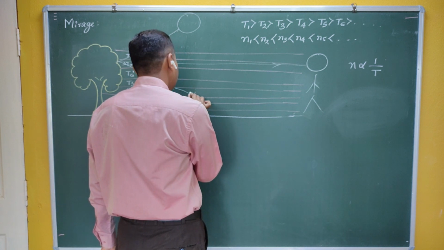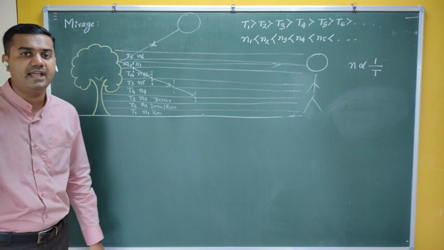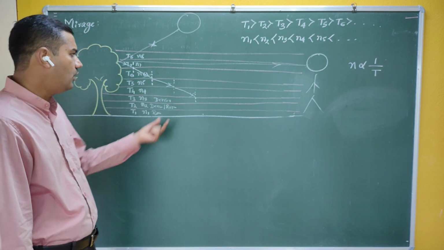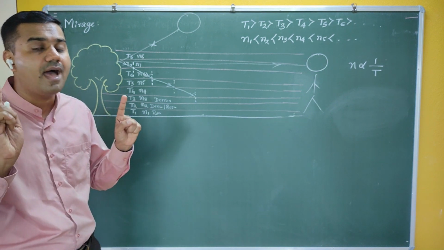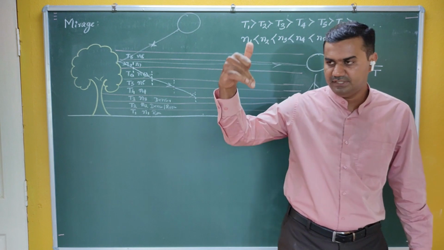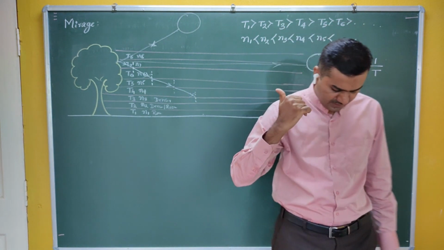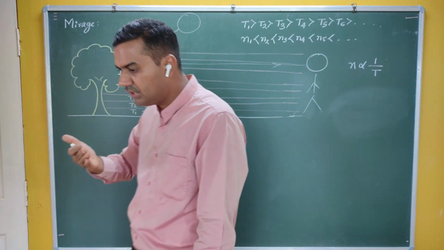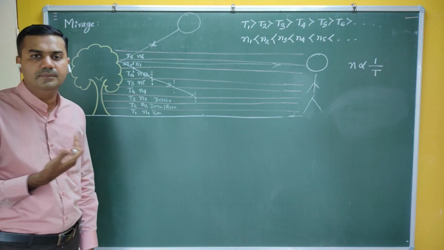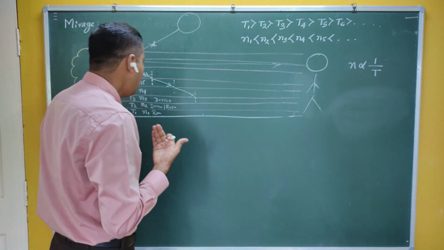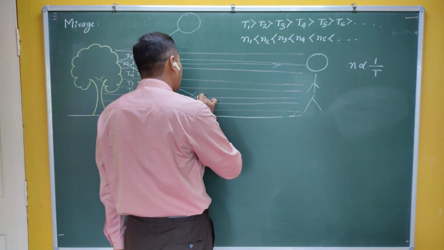The angle of incidence becomes greater than the critical angle. Each time it bends away from the normal, the angle of incidence increases, and finally at a particular layer it becomes greater than the critical angle. In that case, instead of refraction, what happens?